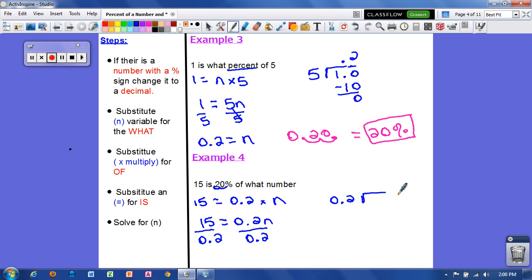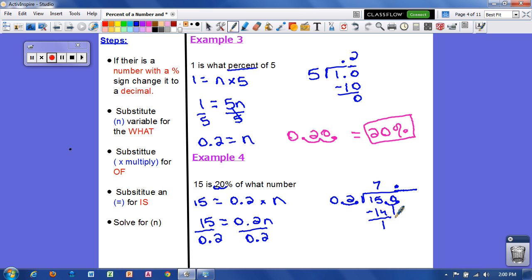Let's go ahead and work that out. Remember, top dog in the house. If we're dividing by a decimal, I have to take this decimal, move it to the side. I have to do the same thing inside the box. If I moved it once to the right outside, I have to move it once to the right inside. I'm going to pop that up in its new place and put a 0 here. 2 goes into 15 7 times.